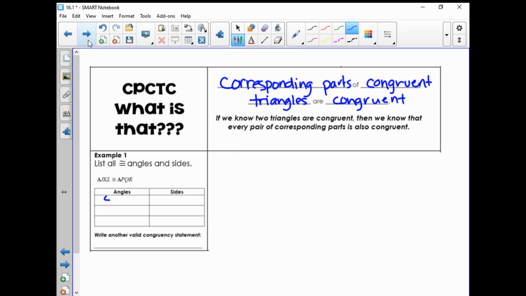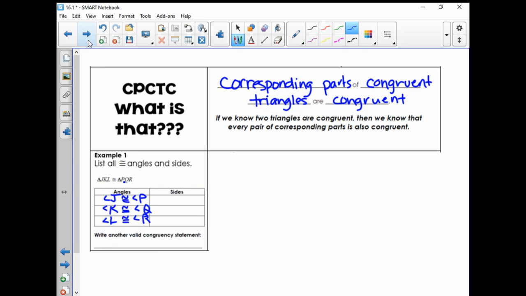Triangle JKL, so angle J and angle K and angle L. We know something about all three of those. Okay, that they have congruent angles in our second triangle right here. So angle J was in the first place, so it's going to be congruent with angle P because P was our first letter right there. All right, K likewise was in the middle, so it's going to correspond with angle Q, and angle L is going to be congruent with angle R.